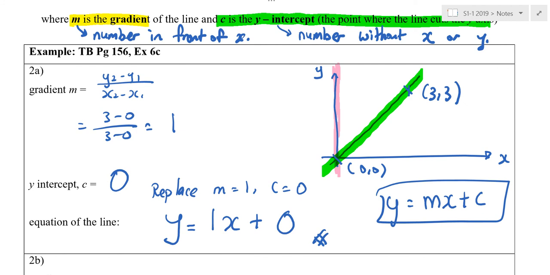What was c in the question? C was 0. So replace this with 0. Why 0? Because the green line cuts the y-axis at 0. Later, in the next question, the line will move around and then the c is a different value. Can you understand? Let's compare with the next question, then you get a better idea.